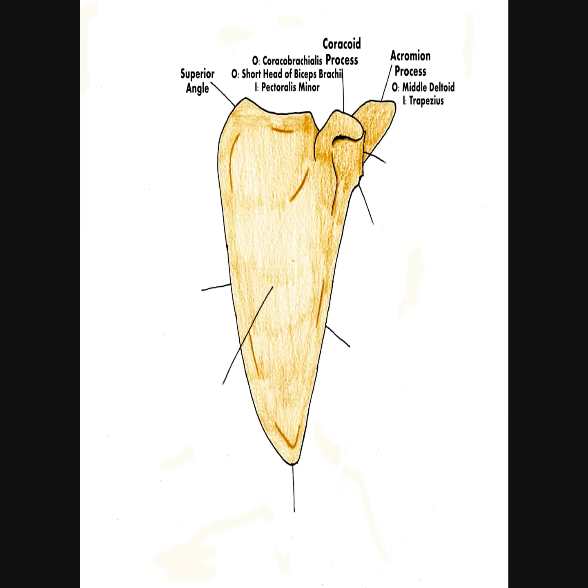We have one muscle that inserts onto the superior angle of the scapula, and it's named after its function. The action of this muscle is to elevate the scapula. It also originates on the transverse processes of C1 through C4. This muscle is levator scapulae.